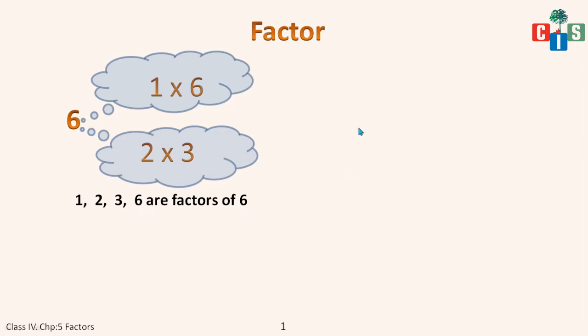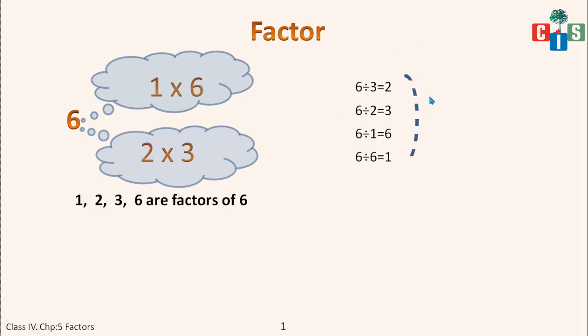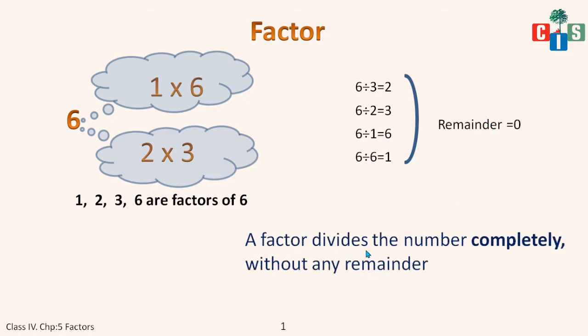I am dividing 6 by 3, then 6 by 2, then 6 by 1 and then 6 by 6. When I perform division with all these four factors, I get remainder as 0. So I can say that a factor divides the number completely without any remainder.